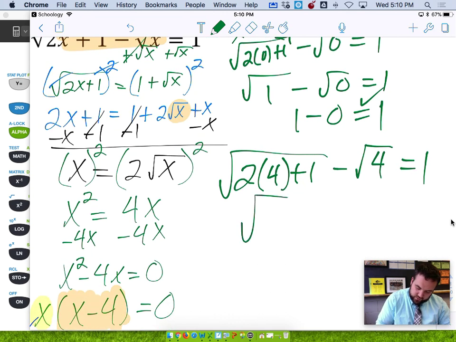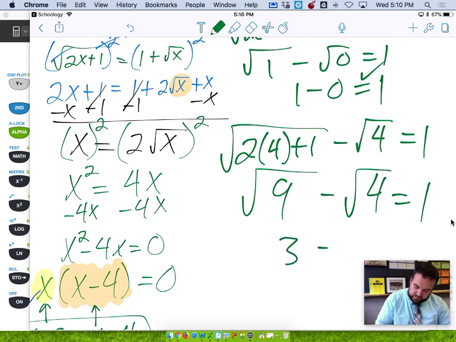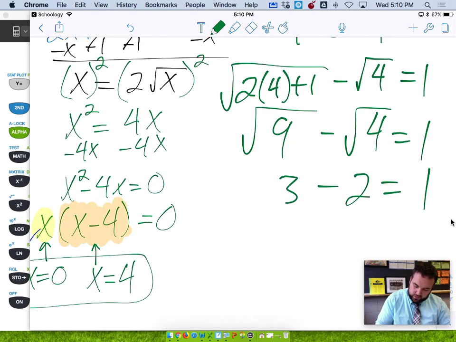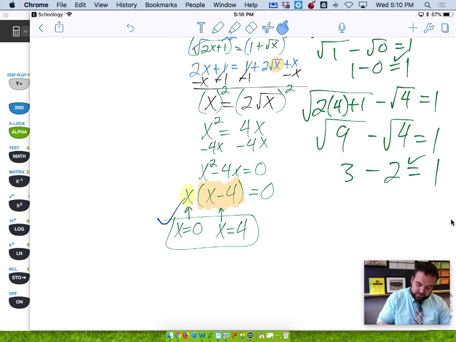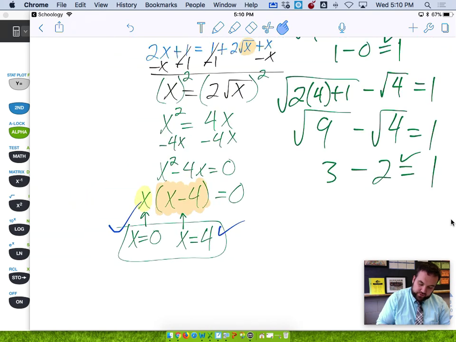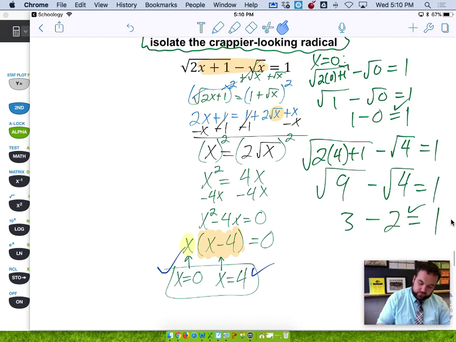This gives me the square root of 9 minus the square root of 4. And sure enough, that is 3 minus 2, which is equal to 1. Okay. So in this case, neither one of these solutions was extraneous. These were both good to go. So those are my 2 solutions to this equation.